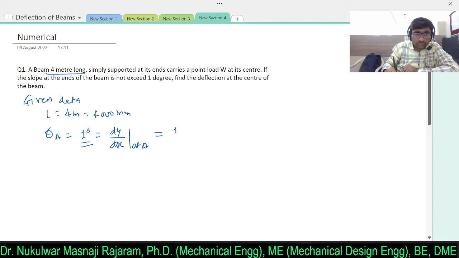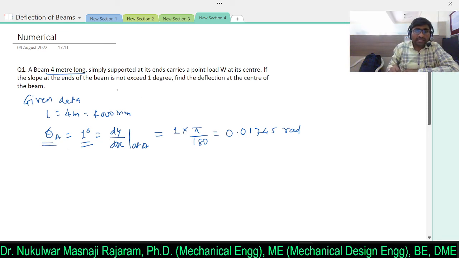So convert this 1 degree into radians by multiplying by pi by 180. The value will be 0.01745 radian. Simple. So always consider slope in radians.